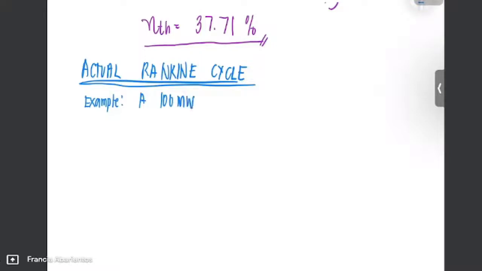Okay, mahaba-haba to. 100 megawatt steam power plant. Ma'am, paano yan parehas si Eva? Okay.